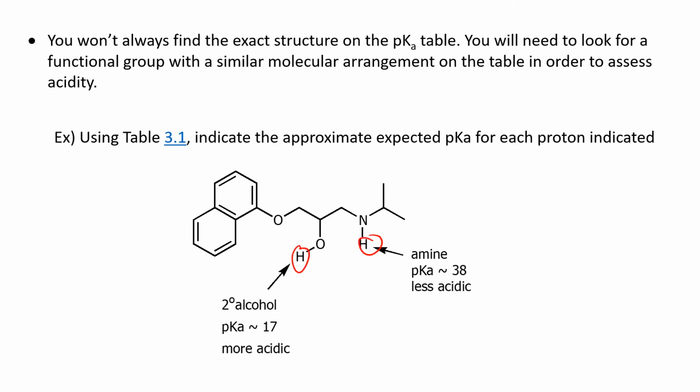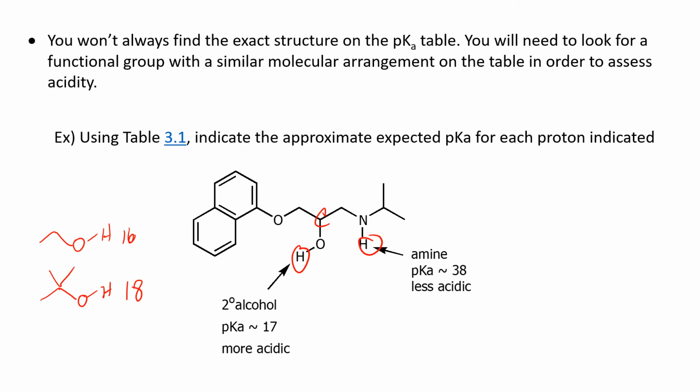All right, it looks like I've got an alcohol, a C-OH, and that happens to be a secondary alcohol. Well, a primary alcohol was 16, and the tertiary alcohol had a pKa of 18.